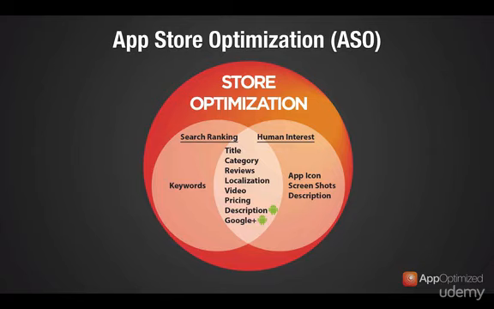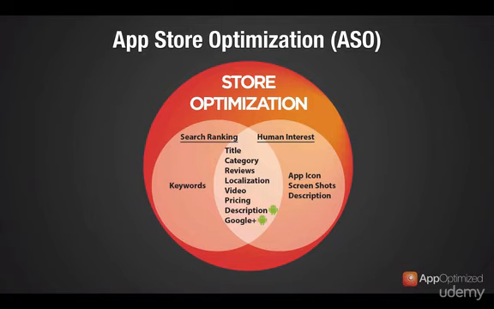But for now, I just want to really point out that in App Store optimization, you're really focusing on two separate things. And it's really helpful to realize that there's two different goals that we're trying to achieve here. And the first goal is we're trying to achieve a good search ranking.